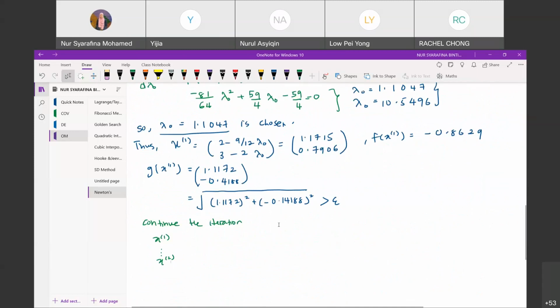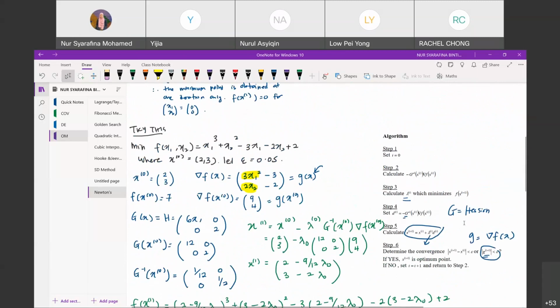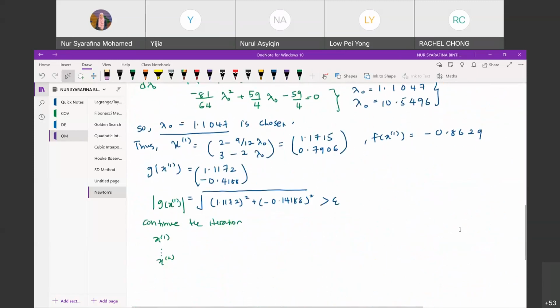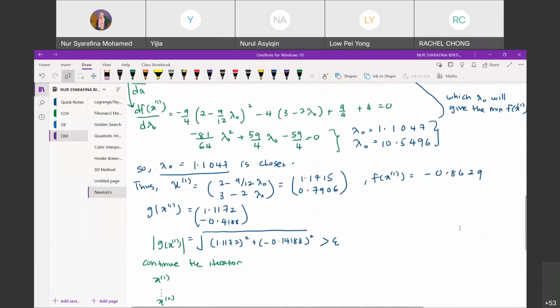So other than using the magnitude of g here, you can also find the stopping criteria by using the magnitude of xi plus 1 minus xi. Okay, so it means that you can find the magnitude of x1 minus x0.